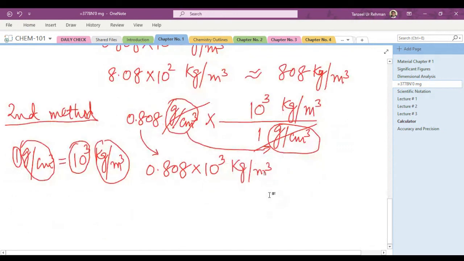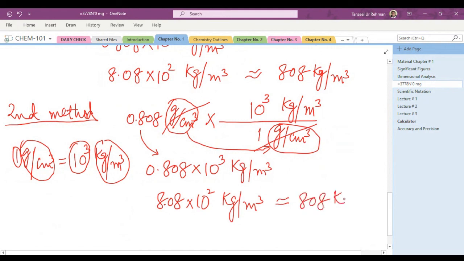If you want to change it into scientific notation, it is 8.08 into 10 to the raised power 2 kilogram per meter cube. Or simply you can also write 808 kilogram per meter cube. So this is the direct method. If you know this direct conversion factor, then you can find it easily. If you don't know, just go step by step.